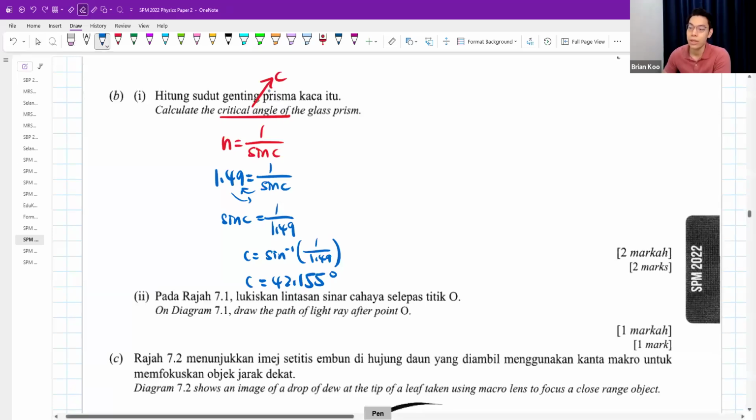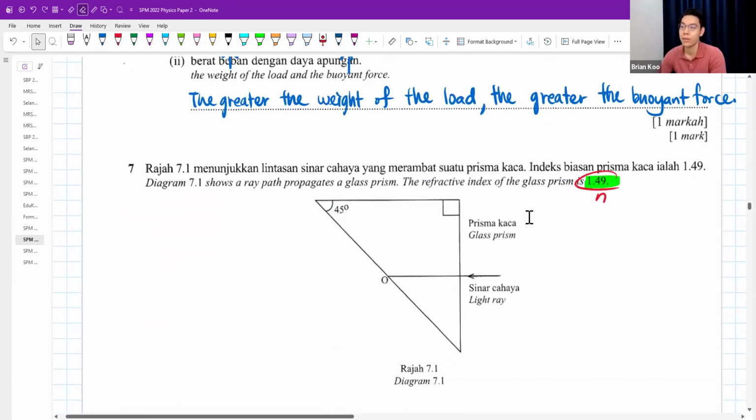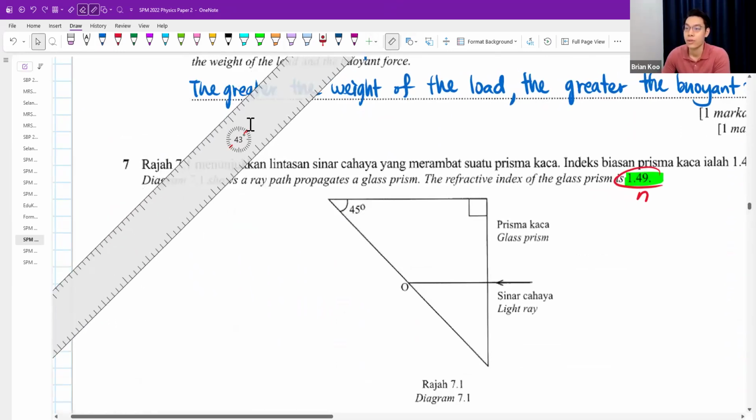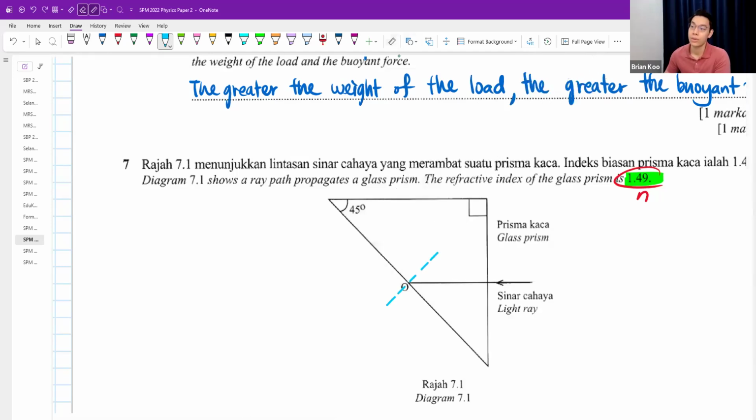Then part 2, draw the path of the light ray after point O. When it's at point O, this is actually a very common picture. They are just testing whether you know that the normal line looks like this. Let me show you. This is the normal line. The normal line is always 90 degrees to this boundary, this surface.